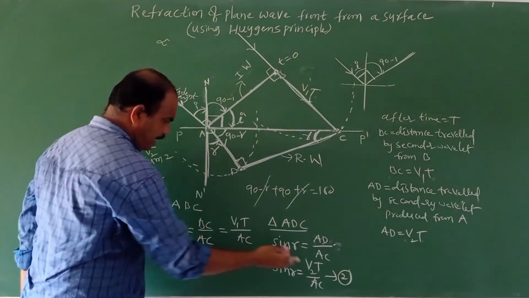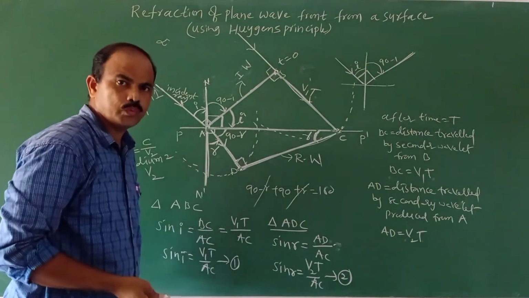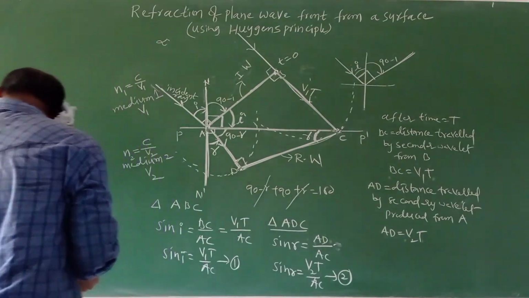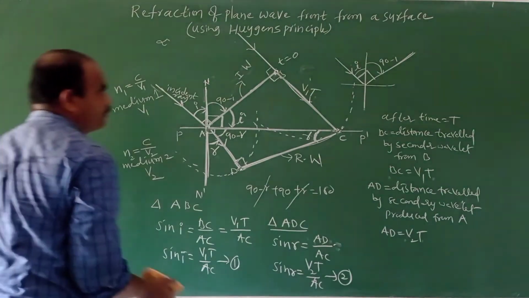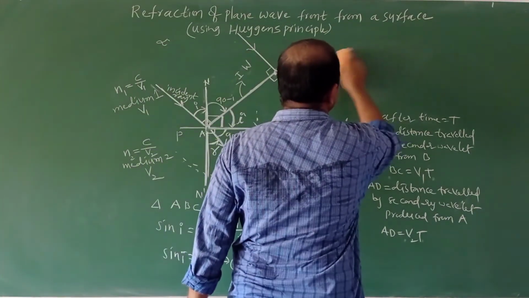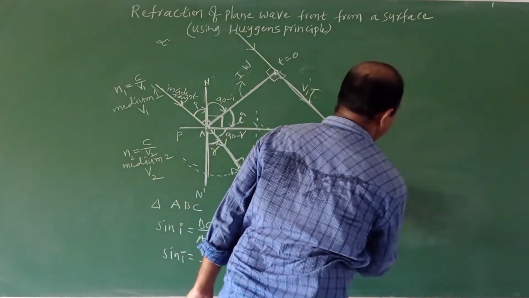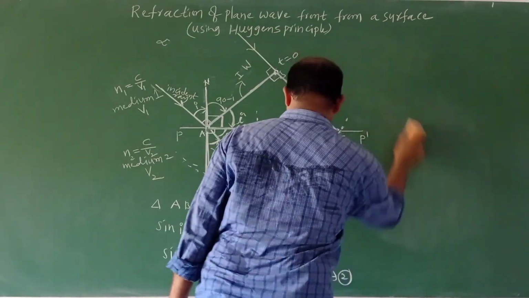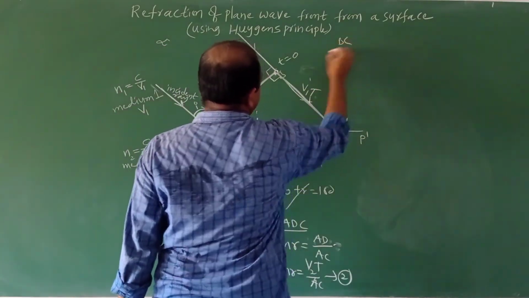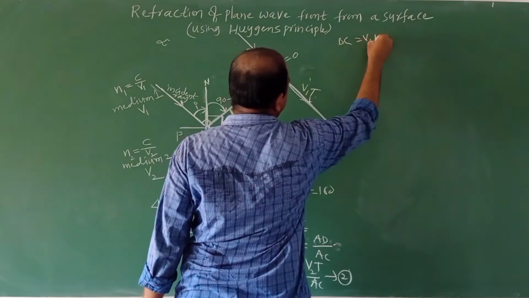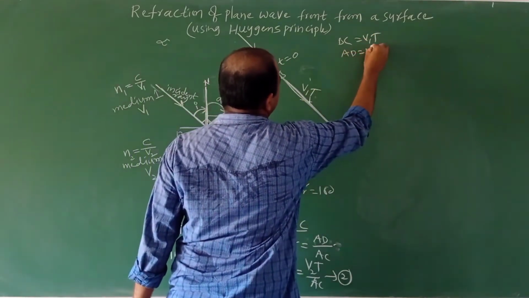Now from equation 1 and equation 2, I divide equation 1 by equation 2. Here BC is v1t and AD is v2t.